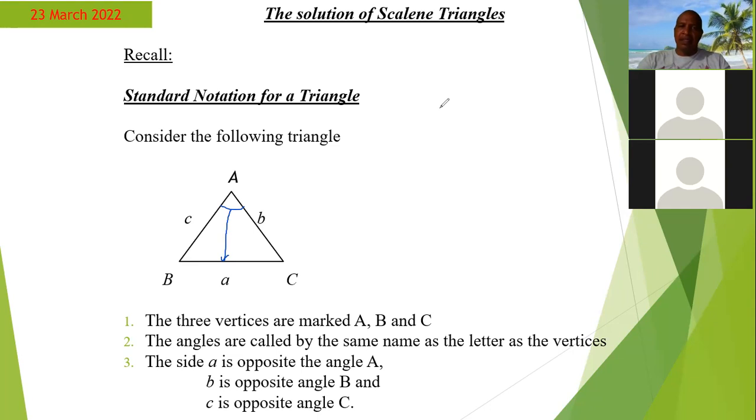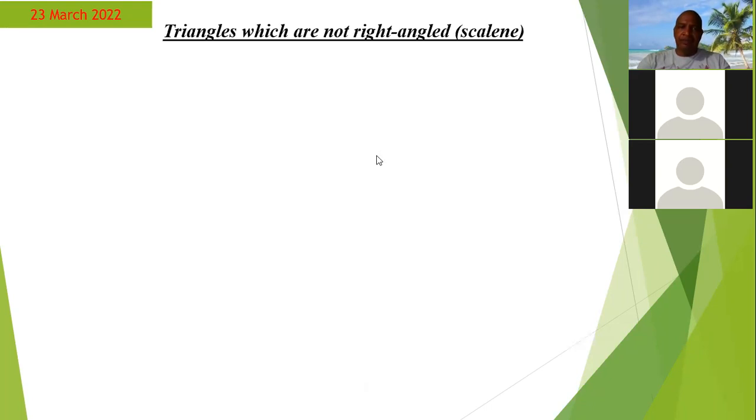And likewise, the other small letters would do a similar thing for the other vertices. Just recapping, we're going to move along.